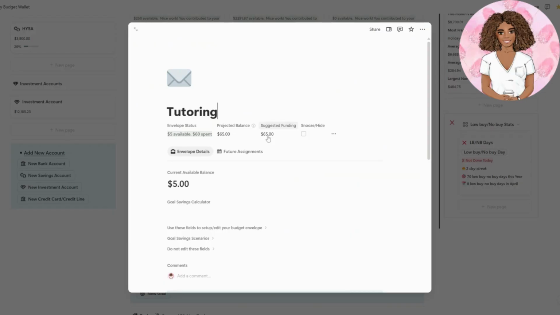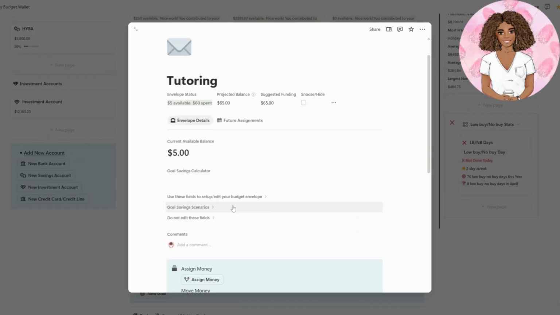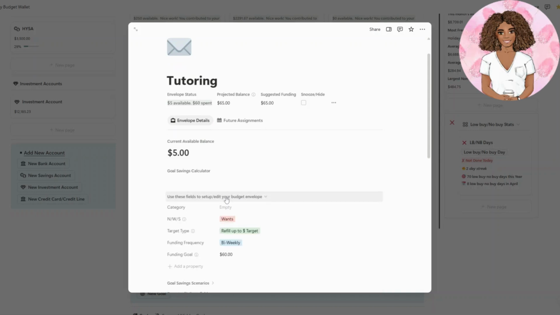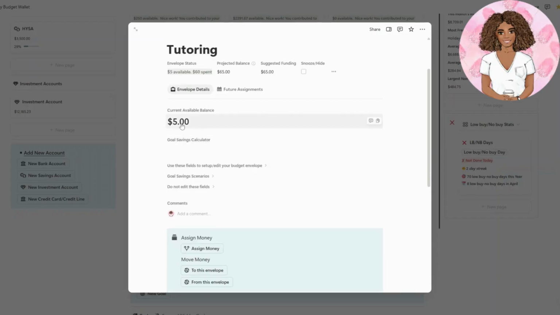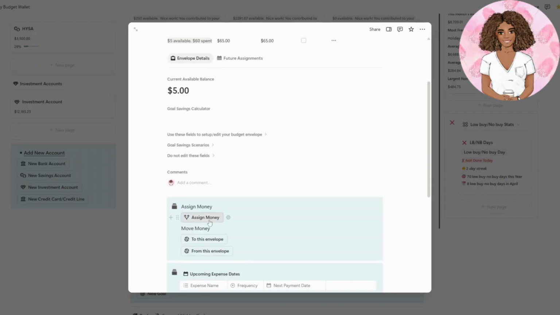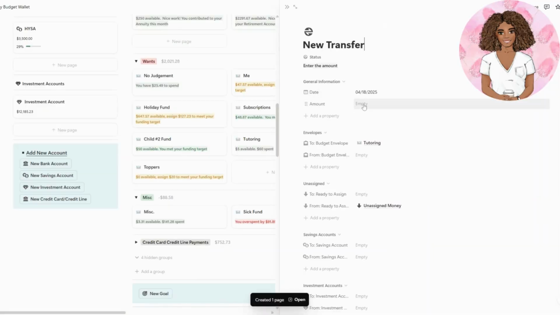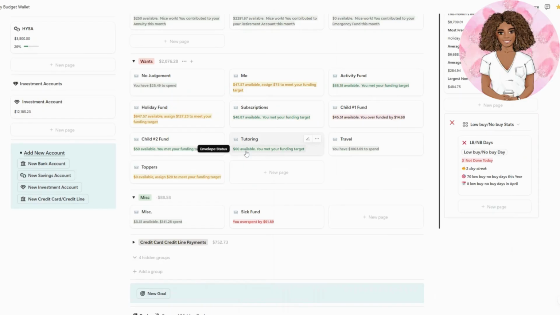I think my tutoring is supposed to be $60. But I'm gonna put in 55 because I still have $5 left. Yep. So there I'm at my target.